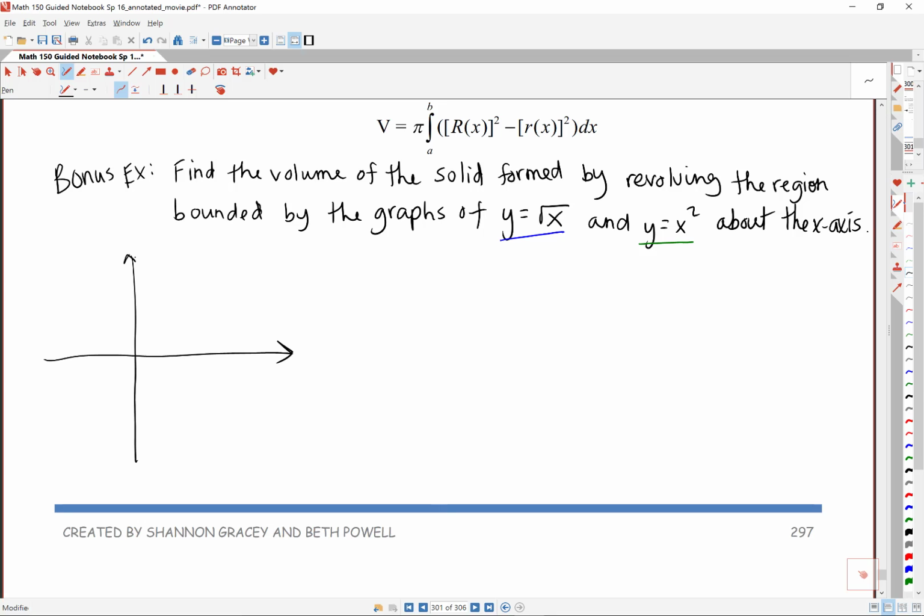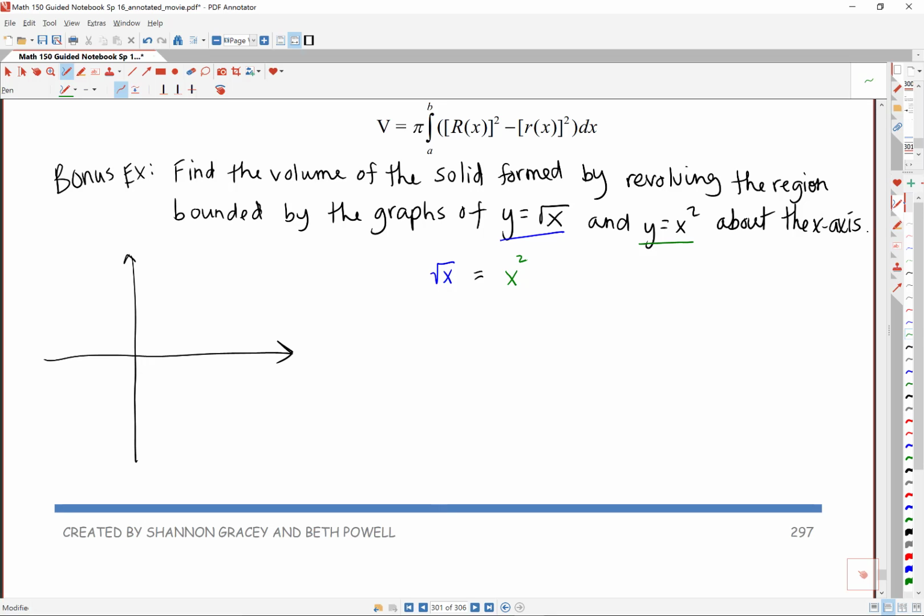So let's remember how when you're finding the area between curves, if you're not given any kind of bounds about x, you have to solve for those bounds. So here, do you see that if we set them equal to each other, so we set root x equal to x squared, right?